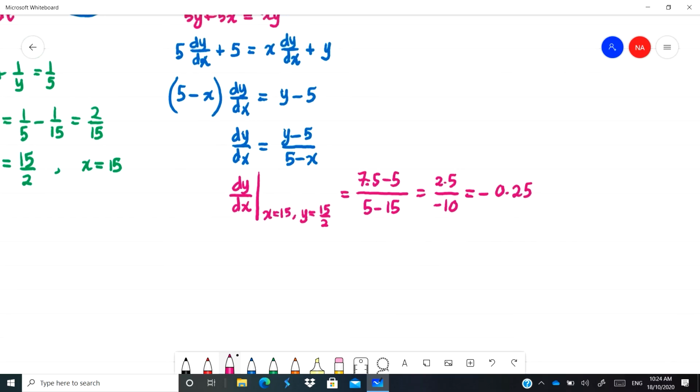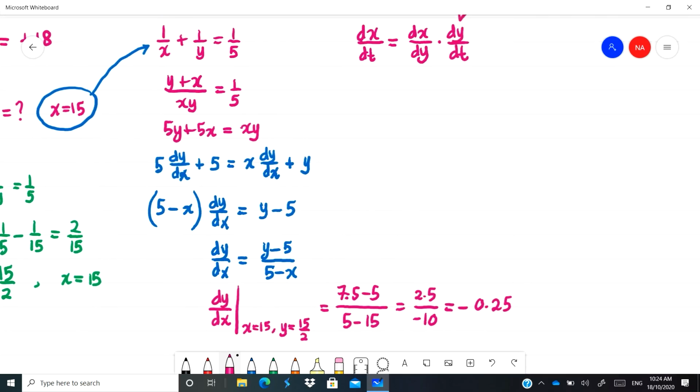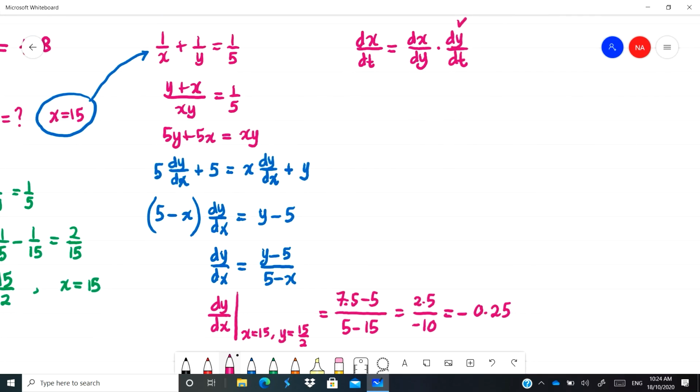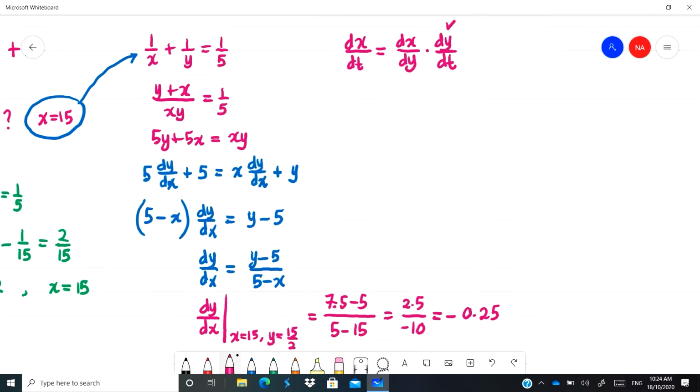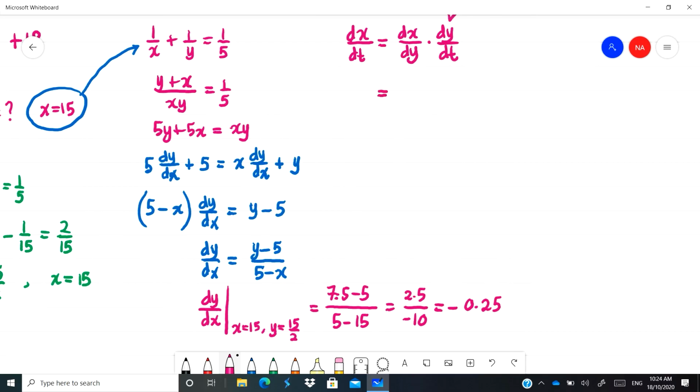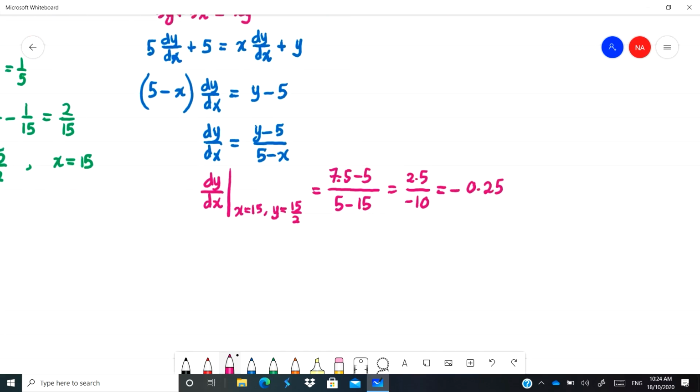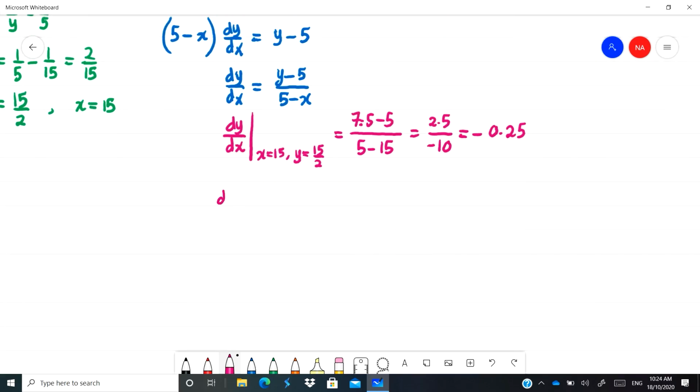That one is dy over dx, but now we want dx over dy. So dx over dy is actually given by 1 over dy over dx.